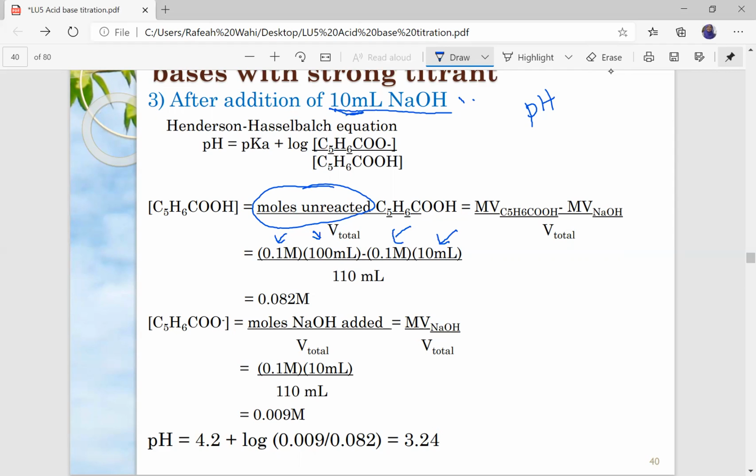But later on, if you add 20 ml or 30 ml, you have to change this to 20 ml or 30 ml. The total volume is the combination of the analyte, 100 ml, and the addition of NaOH, 10 ml, so this becomes 110. From there, you can calculate the concentration of excess hydronium ion.